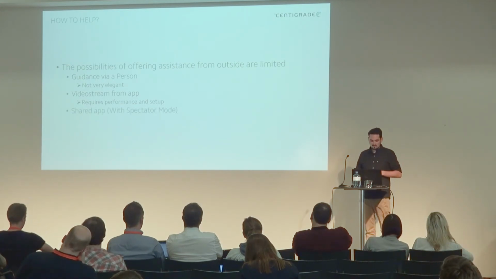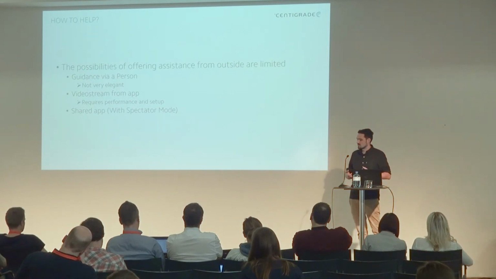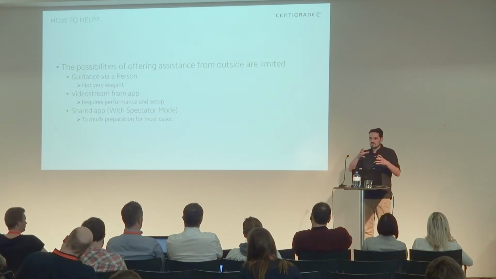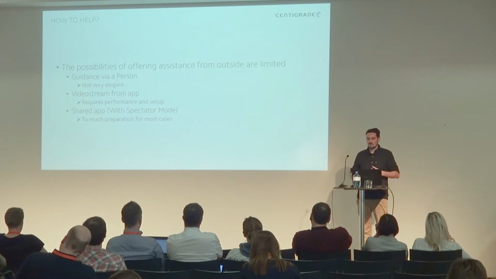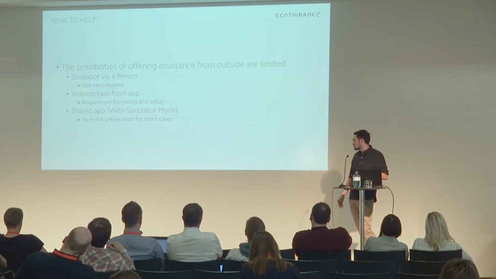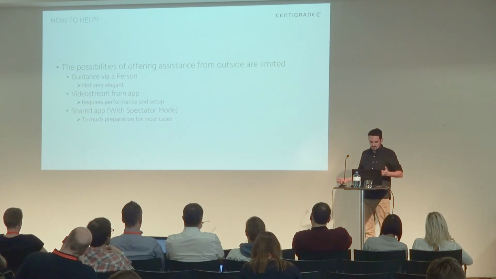The third option is to create a shared app with a spectator mode of the HoloLens. This is the mode where a second HoloLens is mounted on a rig and put onto a tripod, so that you have the vision of a second person in the virtual room seeing the stuff the user is seeing. But even that needs a big hardware setup, even bigger than the second one, and it's not very practical.